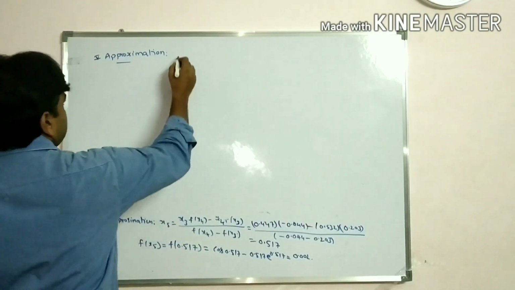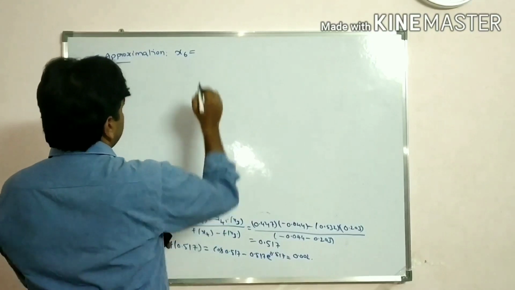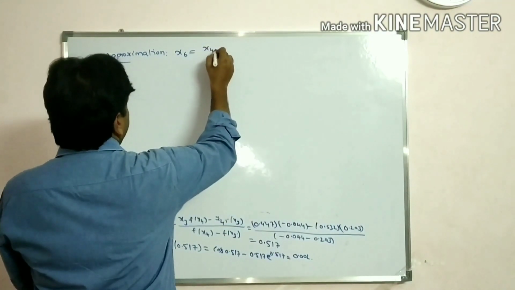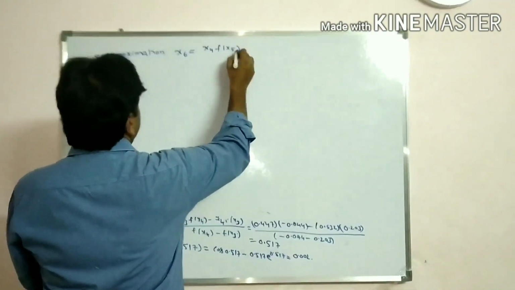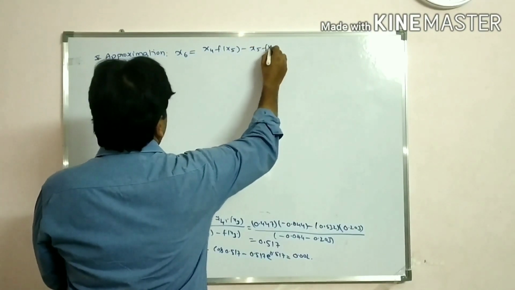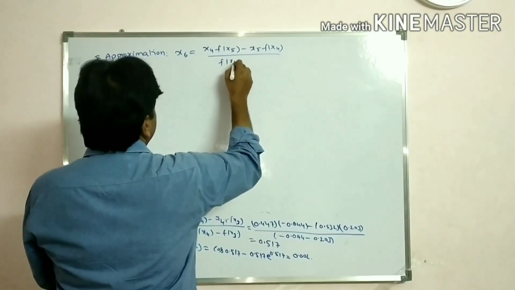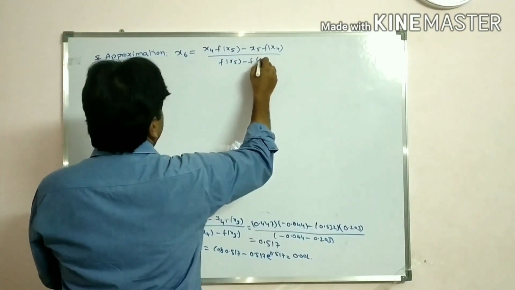So x6 is equal to x4 f of x5 minus x5 f of x4 divided by f of x5 minus f of x4.